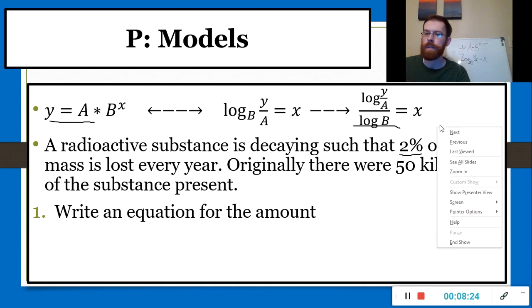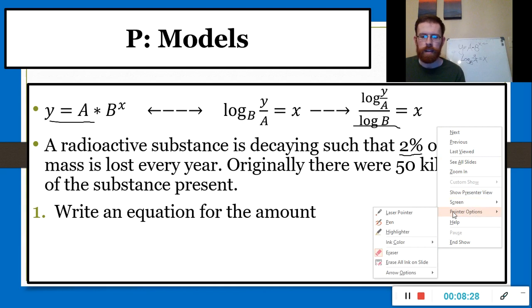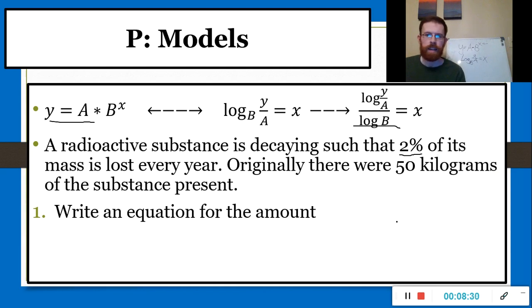So I need to do the opposite of the 2%, which would be 98%. So the exponential is y is equal to 50 times 0.98 to the x.